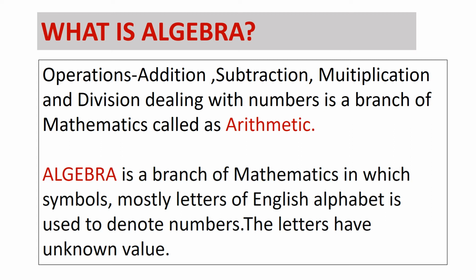Algebra is a branch of mathematics in which symbols, mostly letters of the English alphabet, are used to denote numbers. These letters have unknown values. So, in algebra, generally, we find the value of the unknown term.